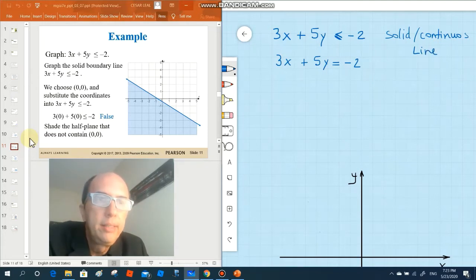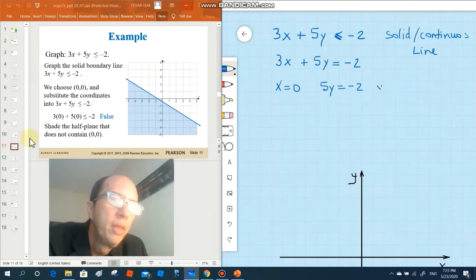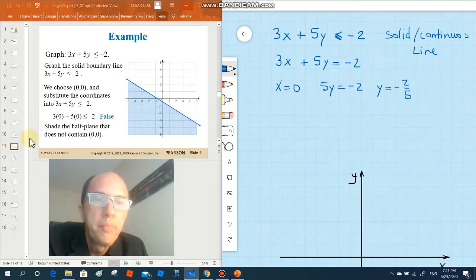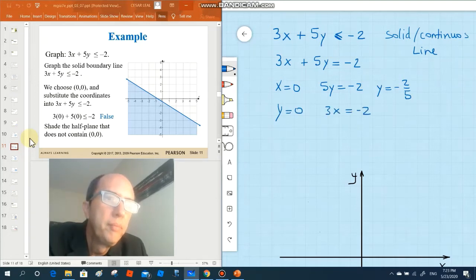Let's find the points to graph the line. If x equals 0, you're going to have 5y equals negative 2. Y is equal to negative 2 over 5, right? And if y equals 0, 3x equals negative 2, x equals negative 2 over 3.